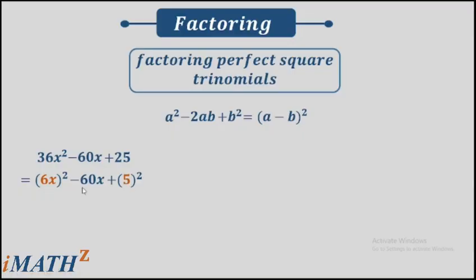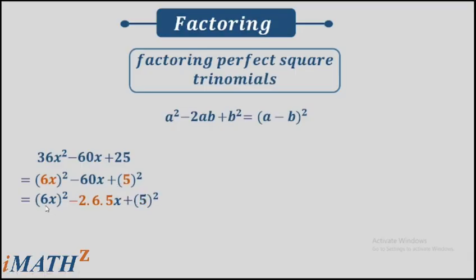Now we can see that a is 6x and b is 5. So the question is, can we write 60x in a way that reflects the middle term here? So we have 6x all squared minus 2 times a, which is 6x, times b, which is 5. If we multiply all these factors, 6 times 5 gives us 30, and 30 times 2 gives us 60. So this means that we can use this perfect square trinomial formula.